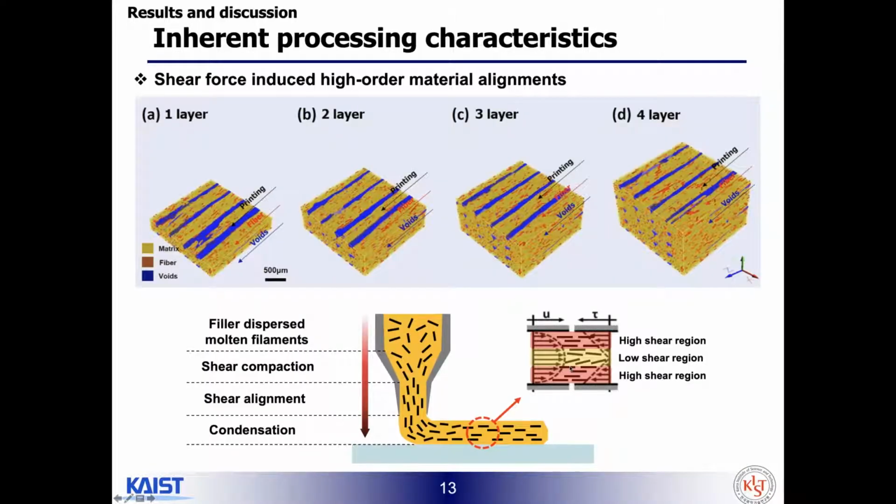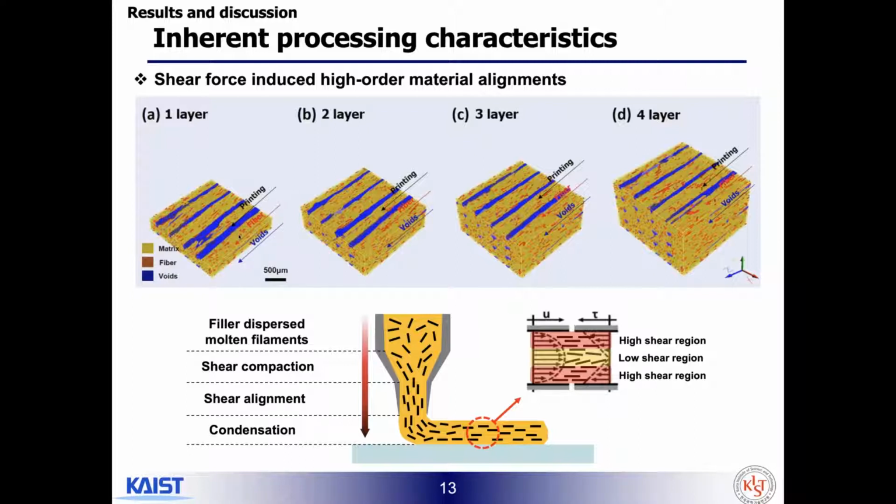3D printed composites show a specific microstructure distinct from that of conventional composites. This figure clearly shows the distinctive architecture of each printed layer, where a bundle of filament is well-oriented parallel to the printing direction. All of the composite components, including fiber, matrix, and void, are highly oriented parallel to the printing direction.